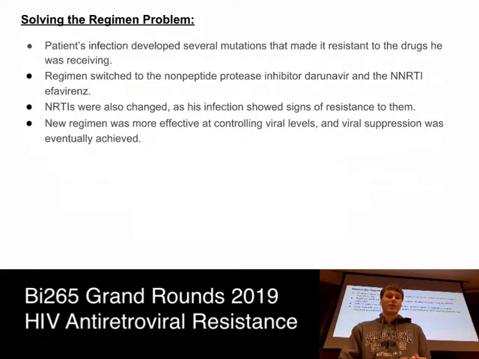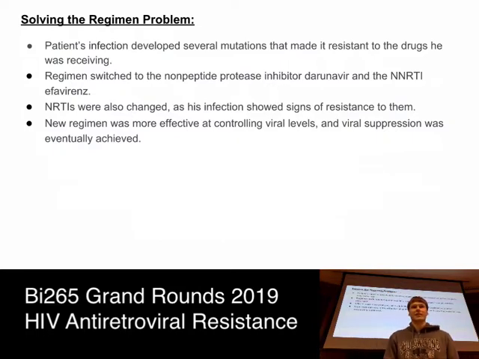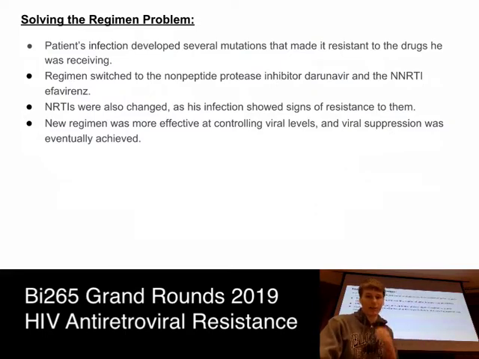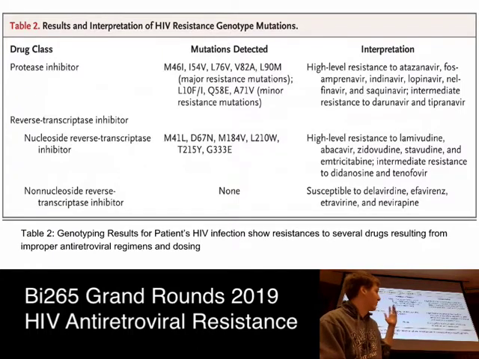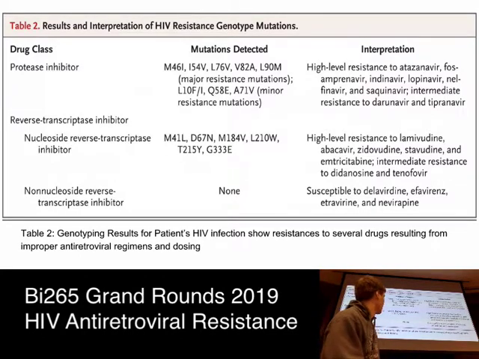So to solve this, because it became clear that his infection had developed several drug resistances, it was necessary to switch him to a new regimen. He was switched to the non-peptide protease inhibitor darunavir and the NNRTI efavirenz, and the NRTIs being used were also changed, as the genotyping of his infection showed that he had developed resistances to several drugs that he was already on, and several other similar drugs.